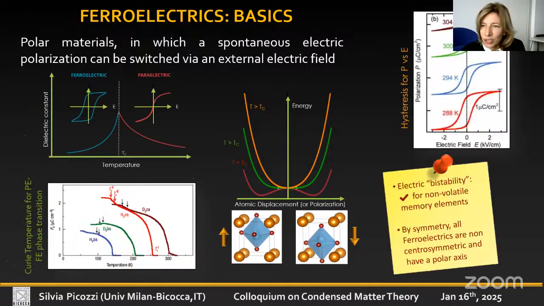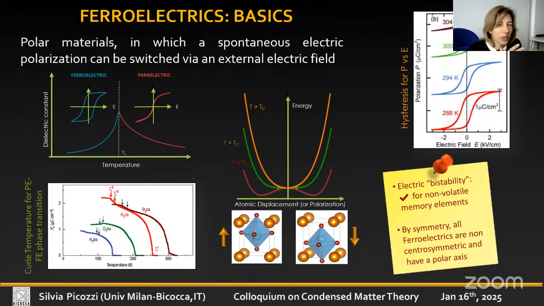Much in the same way as a ferromagnet, you have a critical temperature below which you have a hysteresis cycle, not in the MH space, but in the PE space. And you have the emergence of the order parameter of the transition, which is polarization in this case, below a certain Curie temperature. And they not only need to be polar, but they also need to be switchable.